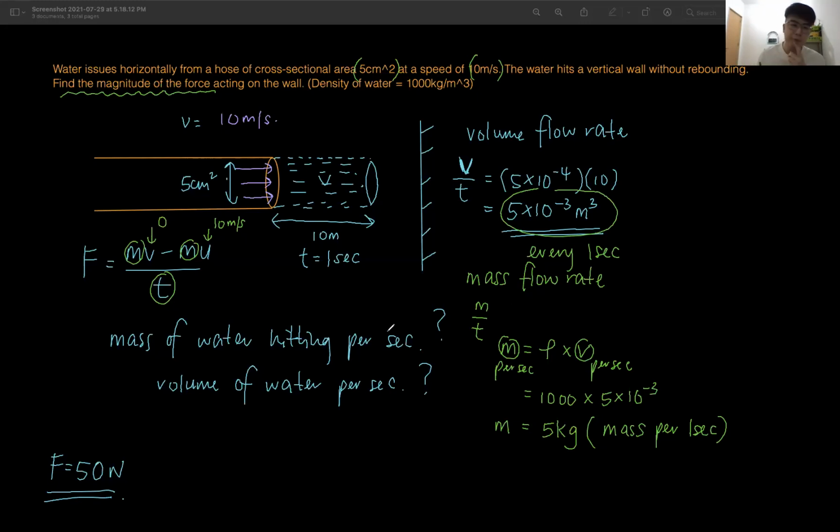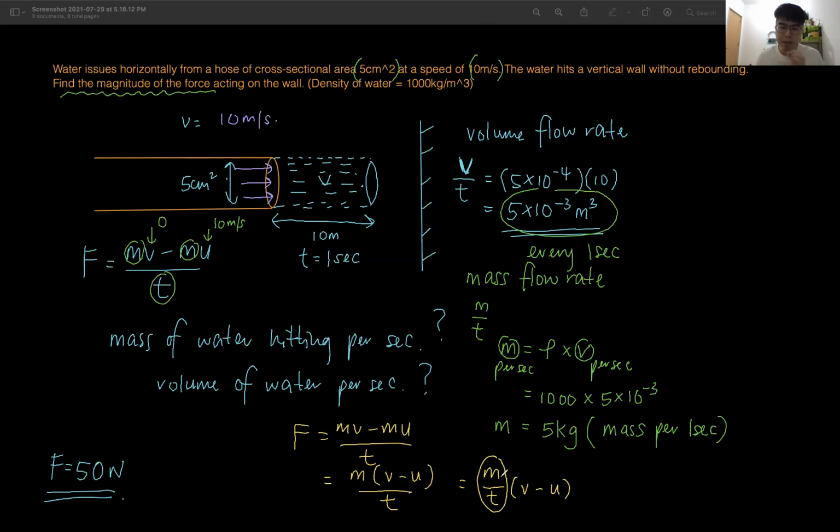So what is the impulsive force? Using the formula F equals mv minus mu over t, we factorize out the m. So we have m over t times v minus u. What is m over t? This is mass per second, the mass flow rate.